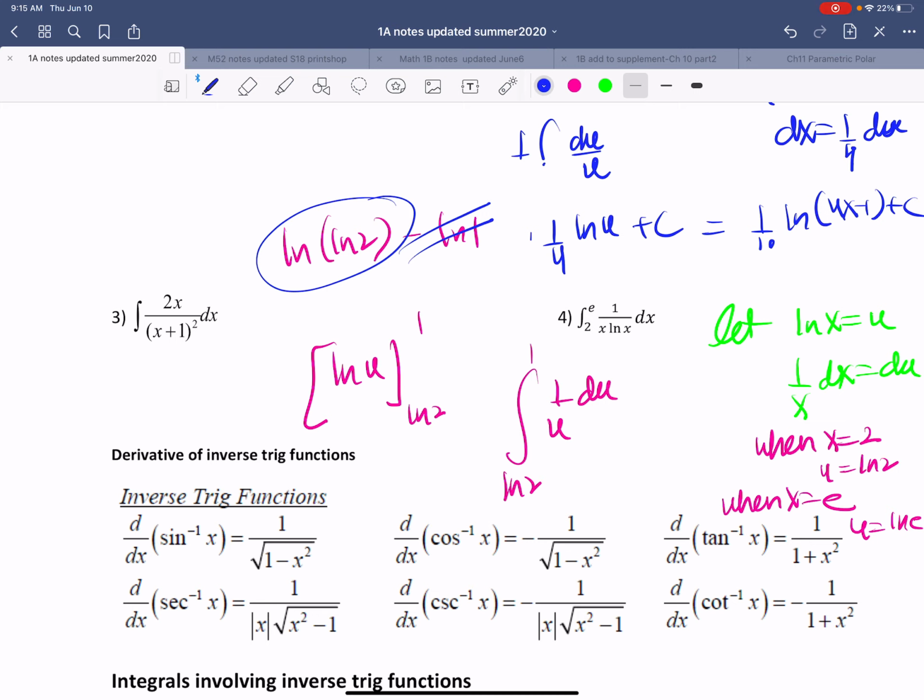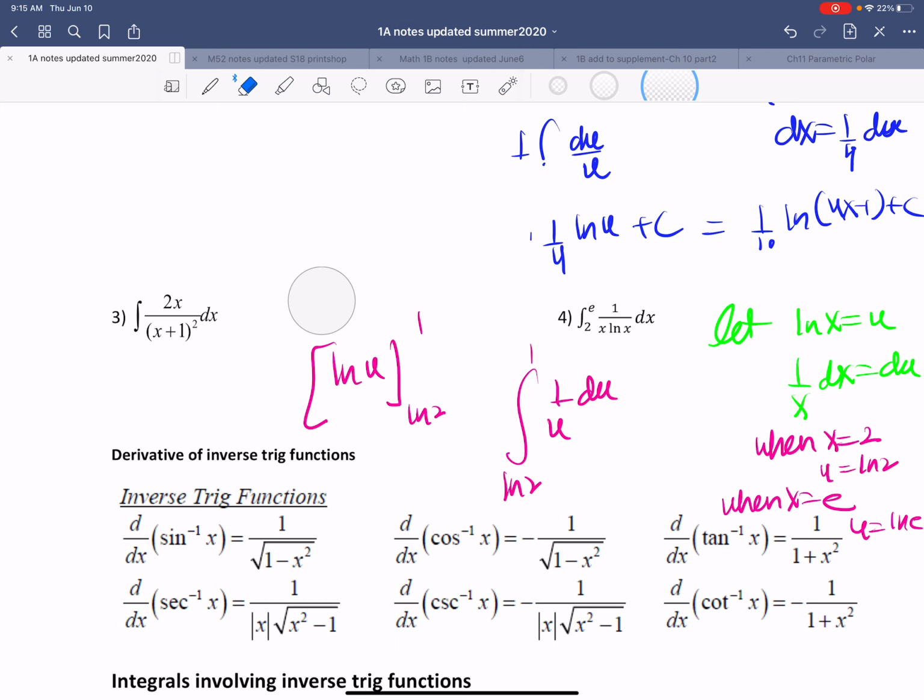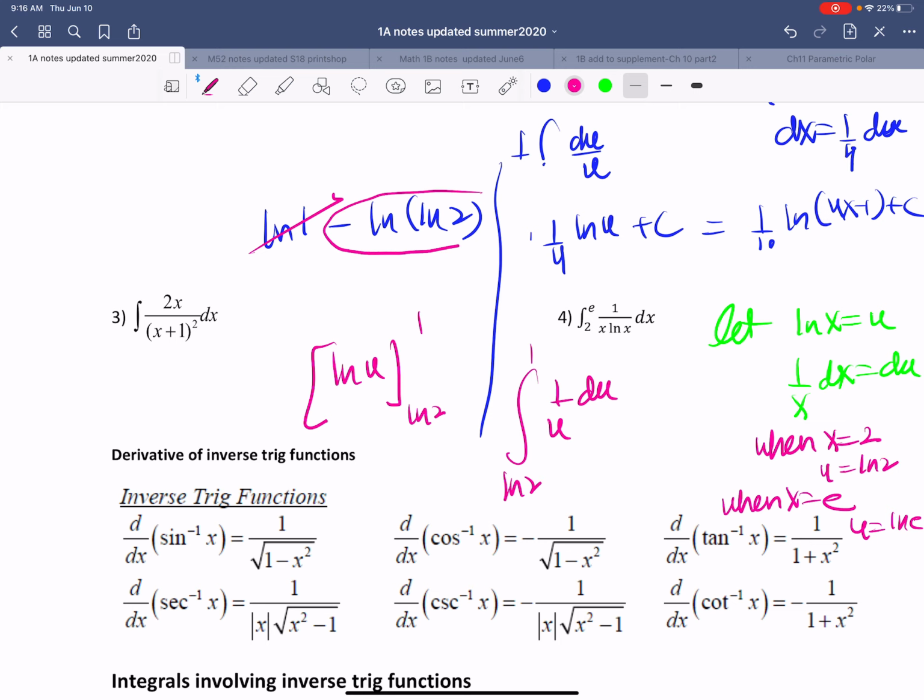There was a minus sign here. Oh, when I plug the bounds here, let's go back a step. When I plug the bounds, we need to plug the upper bound first. Natural log of 1 minus natural log of 2. So this is going to be 0, and our final answer would be negative natural log of 2.